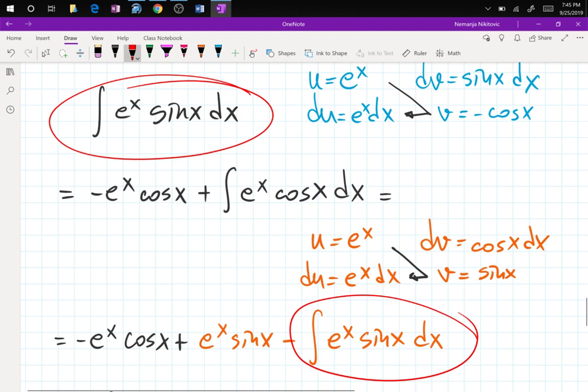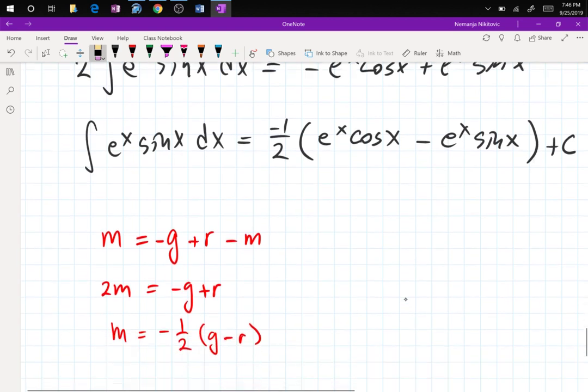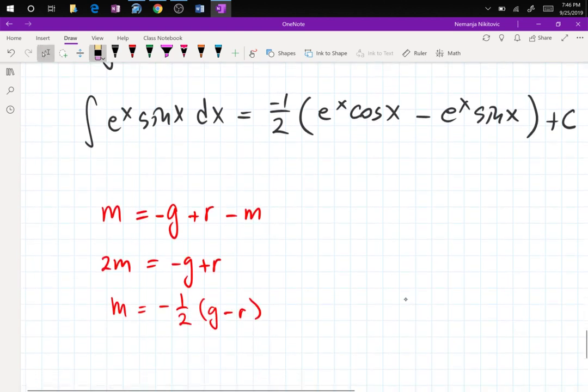And then when you move the one from the right side of the equation to the left side of the equation, that minus becomes a plus. And then when they add together, they create 2 integrals. And then we divide it by 2 on both sides and solve the problem. Cool, right? Of course, math.